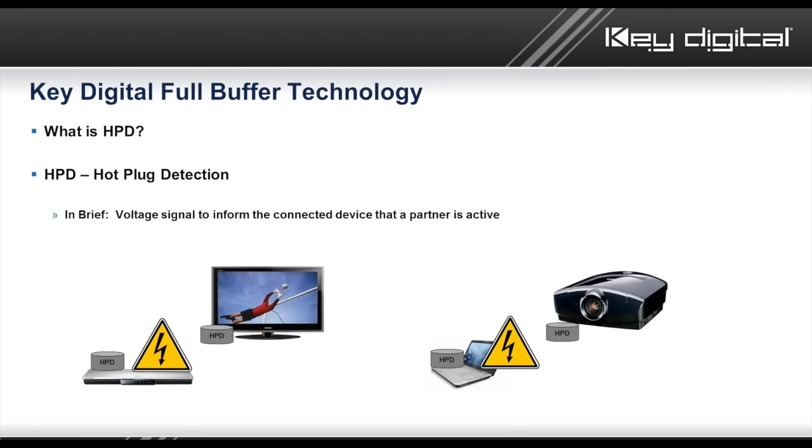Now, those 3 layers of HDMI have been the 3 layers we here have been preaching for years and years and years. And just recently, we began adding a new feature to these products. That is hot plug detection. It is a voltage.